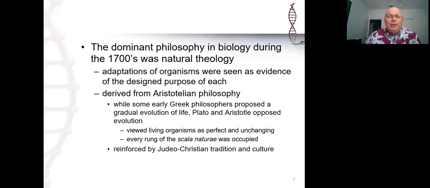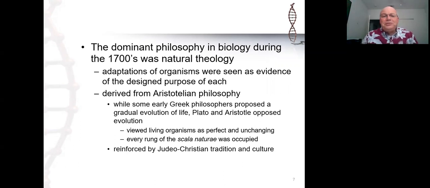We'll talk a little bit about the origin of life because we need to. But with the emergence of Plato and his student Aristotle, a different view of life on Earth would emerge.